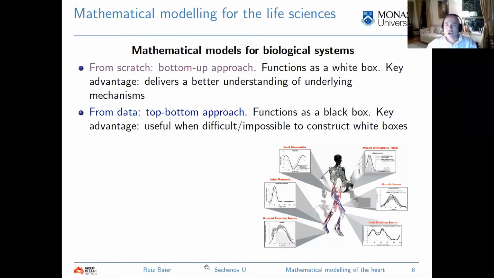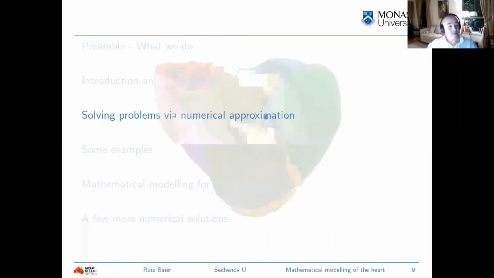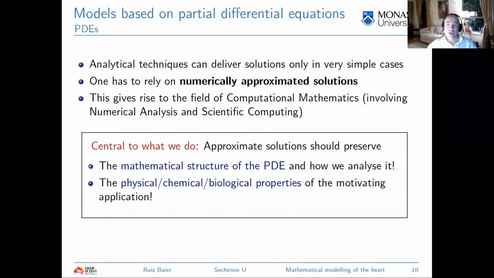So what we're going to focus on, at least in this talk, is the from scratch approach, and try to understand what the underlying mechanisms in the function of the heart can tell us about the overall structure. And the kind of models and techniques that people in our field use are based on so-called partial differential equations.